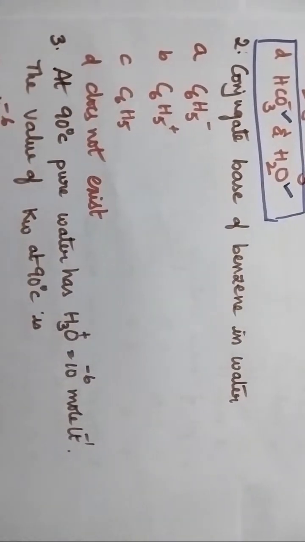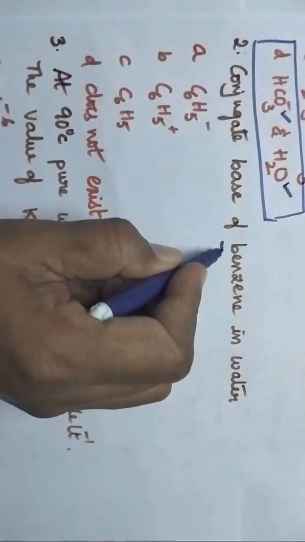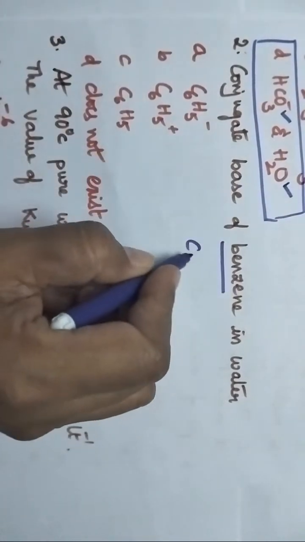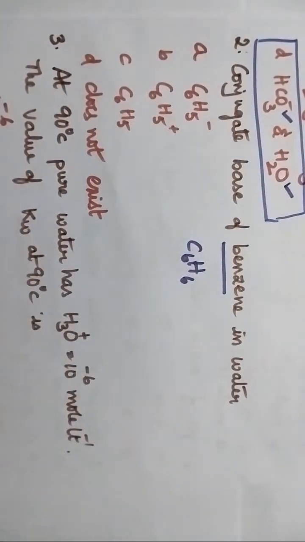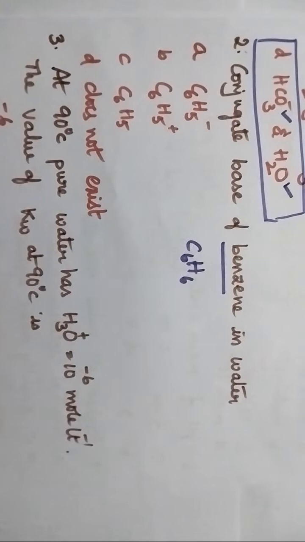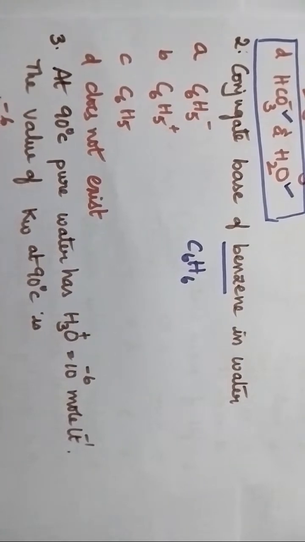Coming to the conjugate base of benzene in water. So you have to identify what is the conjugate base of benzene. What is the formula of benzene? C6H6. Now identify the conjugate base of benzene. There is a small logic.